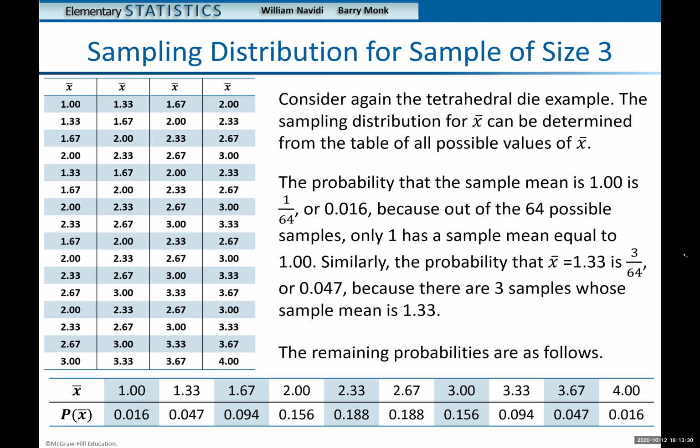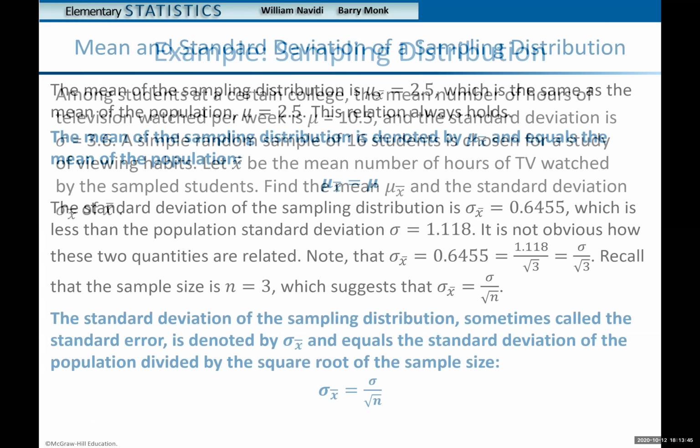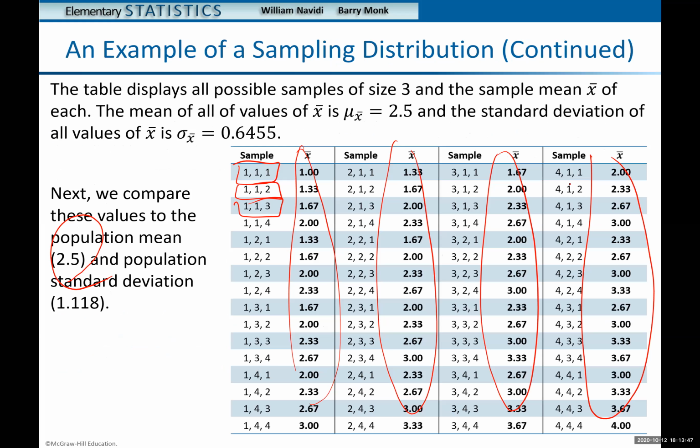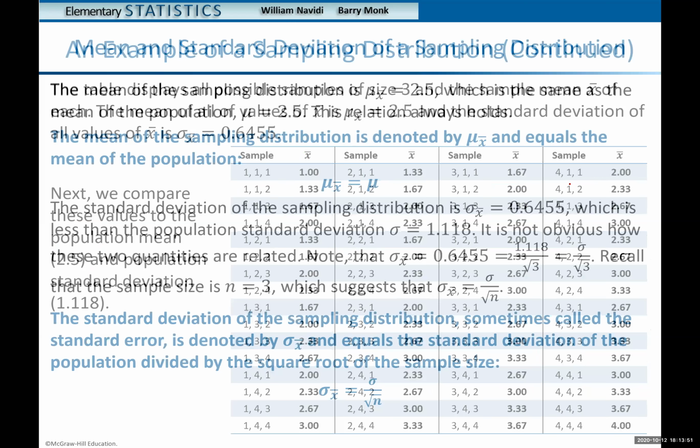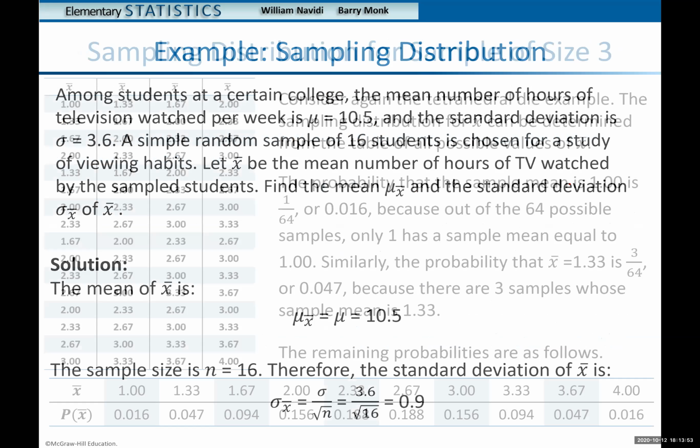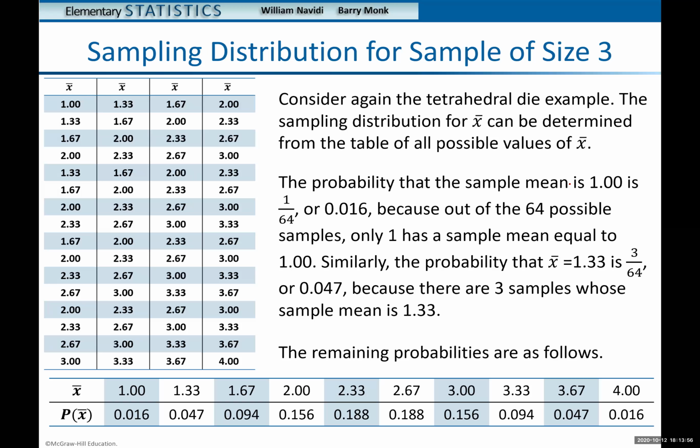Next is a sampling distribution for a sample of size 3. So earlier I showed you that these tables here, the columns here, are from all the sample means of all those samples. And if you get all these means here, we will be able to get the sampling distribution of all the means.